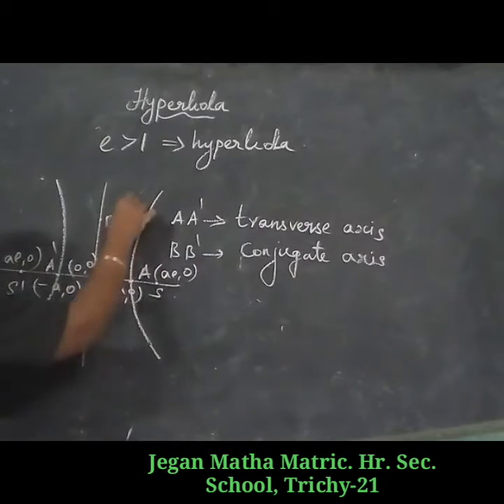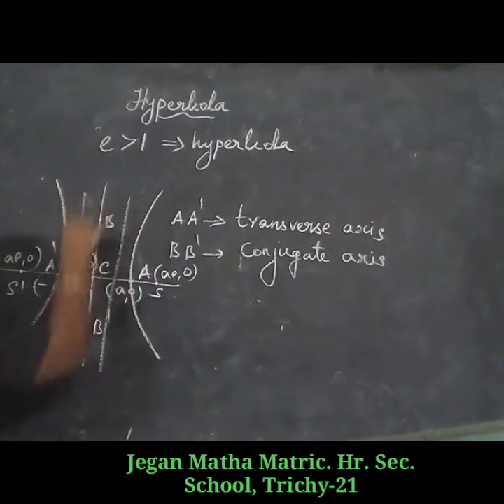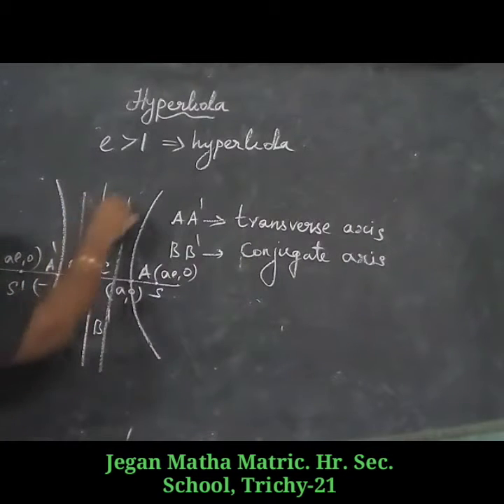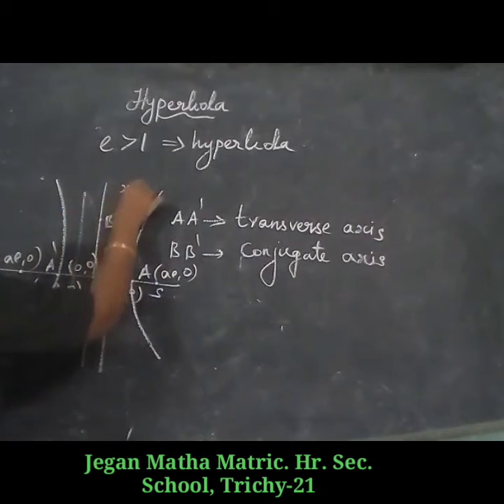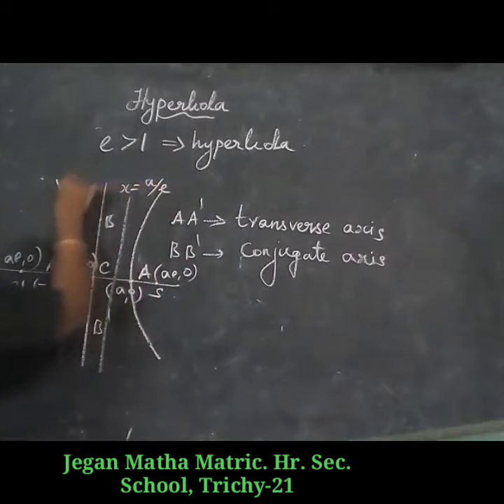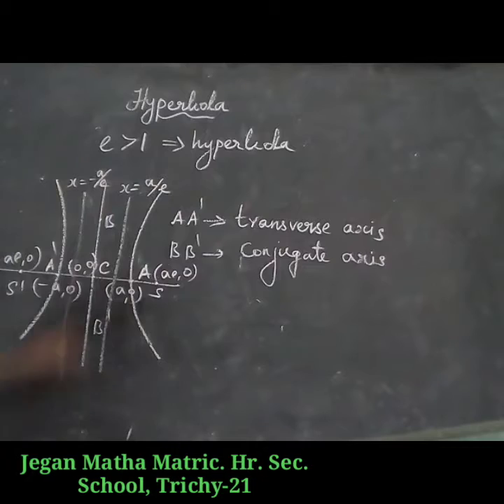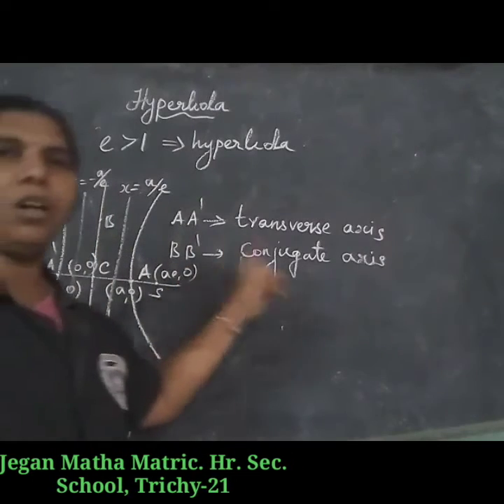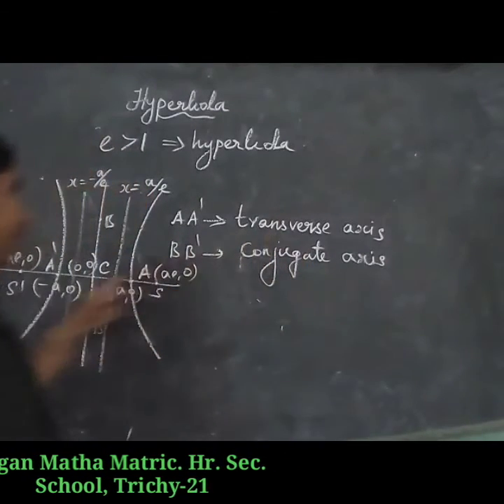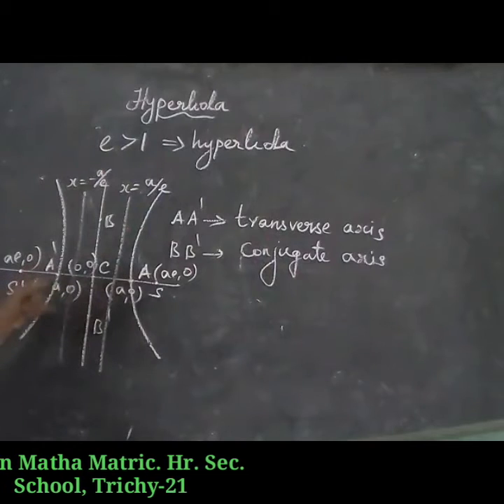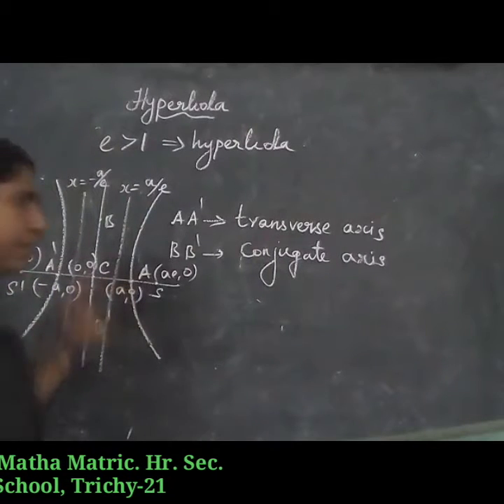Then the directrix you can draw here. The first directrix is x equal to a by e, and the other is x equal to minus a by e. So the focus always lies on the transverse axis, so the transverse axis is along the x-axis.